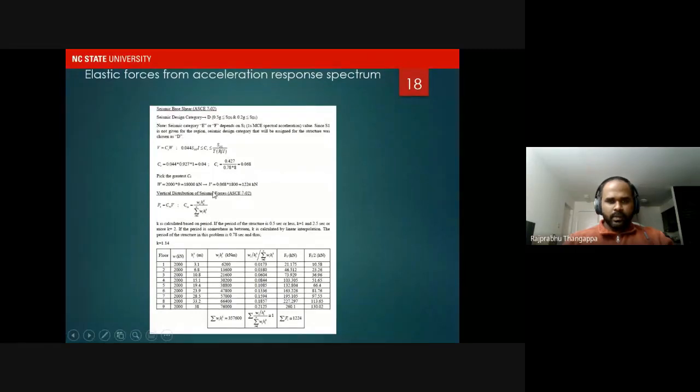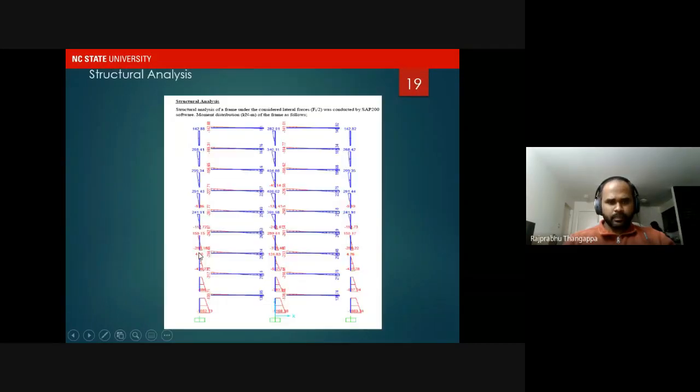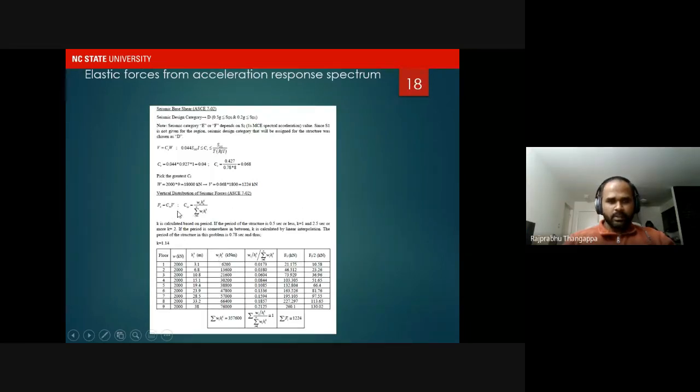So we calculate the seismic base shear, and from the seismic base shear, we can calculate the vertical distribution of seismic forces across the height of the building using this formula. These are all codal provisions, and there are similar codal provisions available in India where for equivalent static forces, they relate the base shear with the force coefficient represented by the weight and the height.